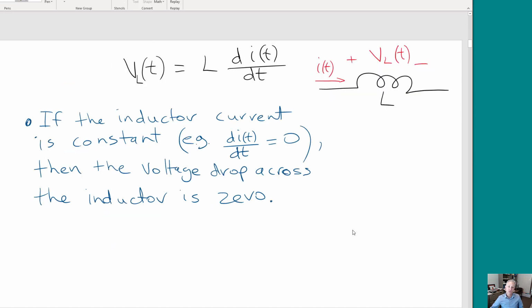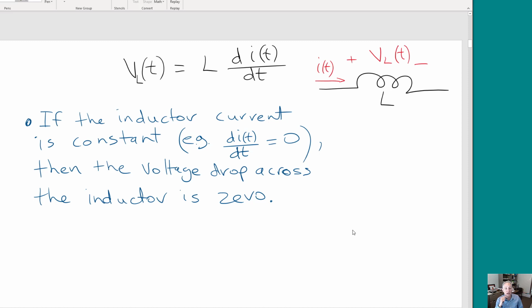So now let's think of this equation a little bit, okay? V = L di/dt. So if we have current flowing through the inductor, and let's say it's a constant current, okay? So let's say it's like 5 amps, so that i(t) = 5 amps. The di/dt is going to be 0 because the current is a constant, right? The derivative of a constant is 0.